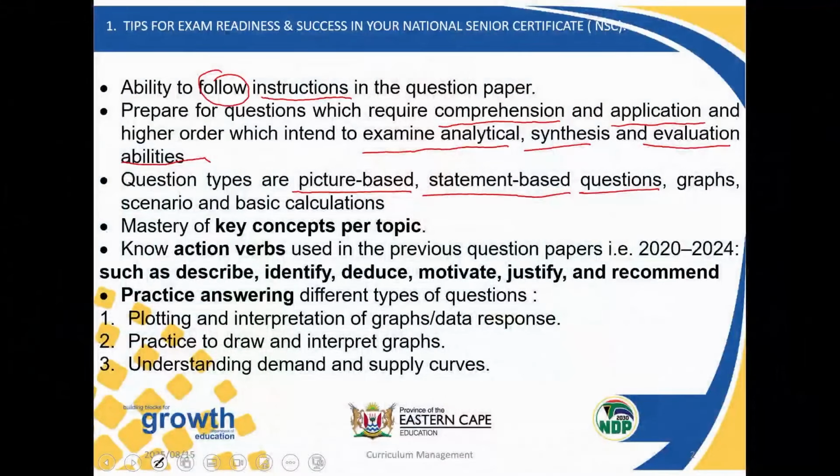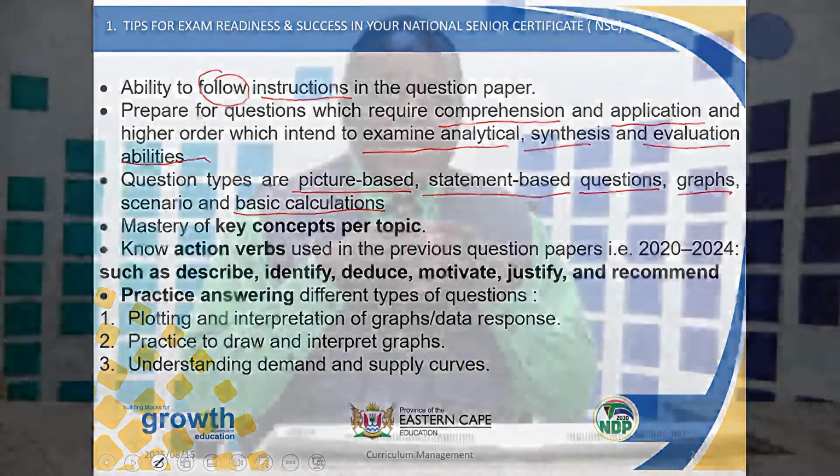Look at this. Our questions are picture-based, statement-based, question-based, as well as graphs and basic calculations. What does this mean? It means that in this subject called AMP, you will be given pictures.